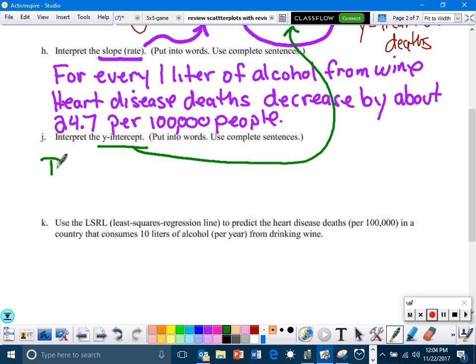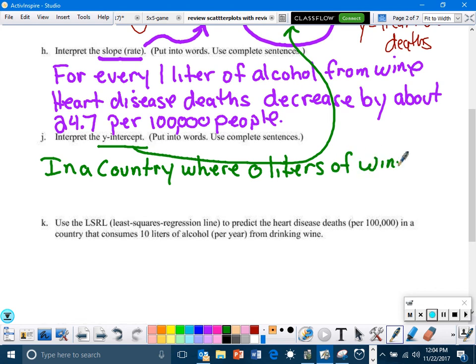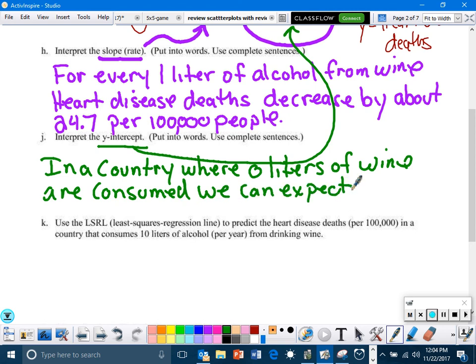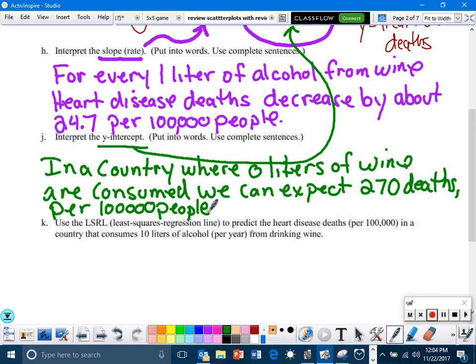So, in a country where 0 liters of wine are consumed, we can expect 270 deaths per 100,000 people from heart disease.